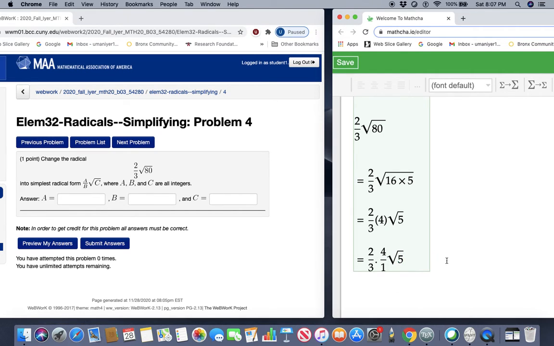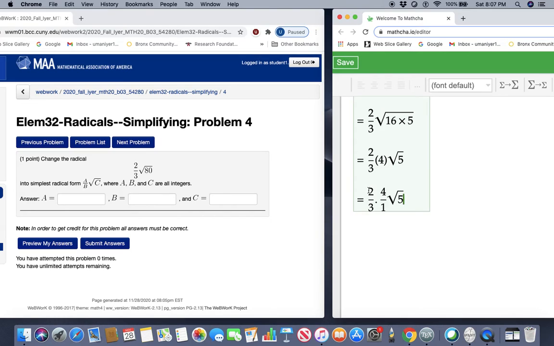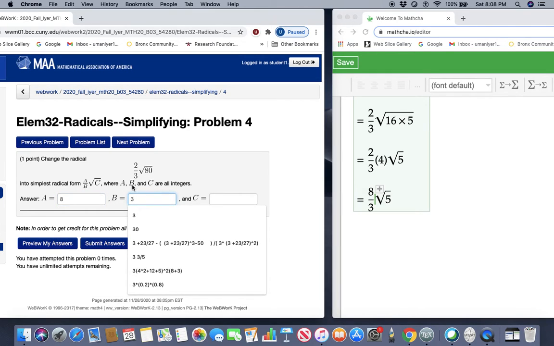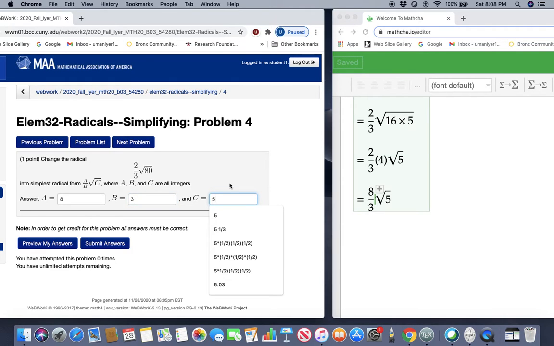So how do you multiply fractions? Straight across. 2 times 4 is 8. 3 times 1 is 3. So that's it. So 8 over 3. A is 8. B is 3. And the radicand, that is C, inside is 5.